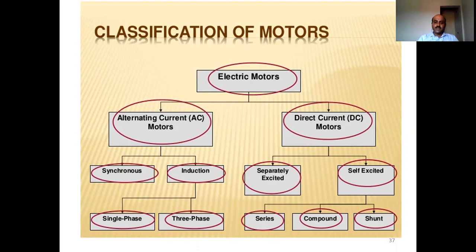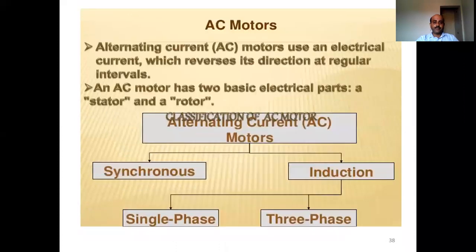Moving on to DC motors, we have separately excited type and self-excited type, and across the self-excited type, we have series, compound, and shunt. So this is the basic classification of electric motors, broadly classified into AC motors and DC motors. Of course, within AC and DC, we have separate classifications. We will discuss this in brief now, one by one.